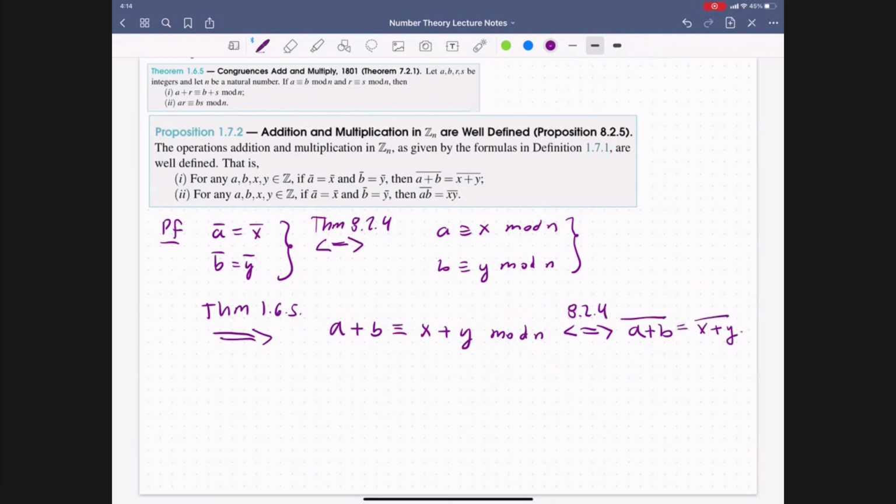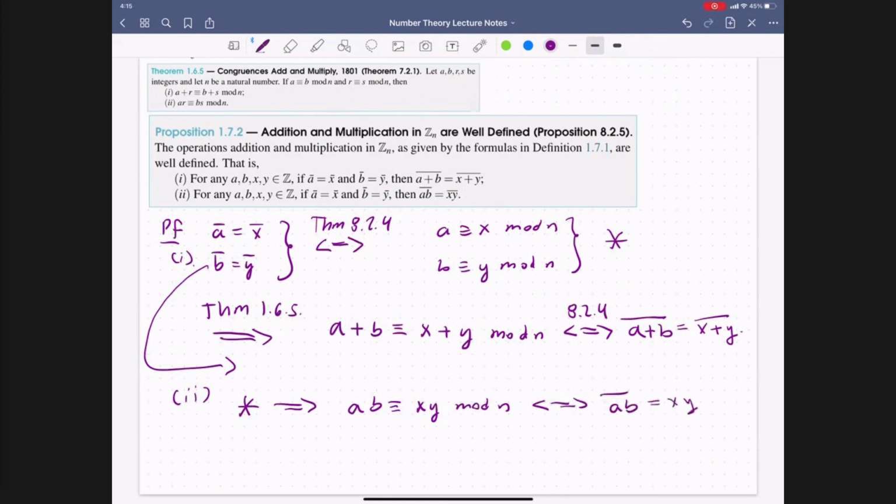And so we have statement 1 in this fashion. And then statement 2 follows a similar argument because we can just go, I'm not going to label the statements for the theorems, but the same argument. We go from this statement here, and then we get AB congruent to XY mod n, and then 824 tells us that now AB is equal to XY, and so we have the statement of the proposition.